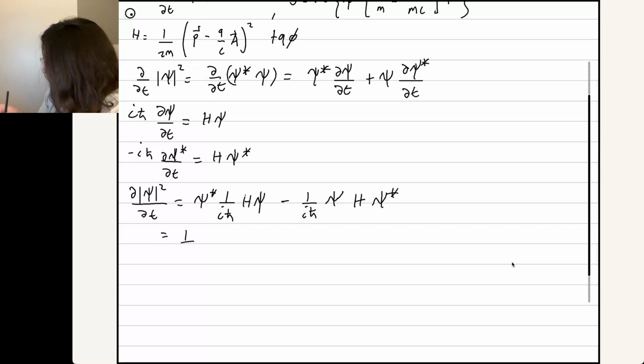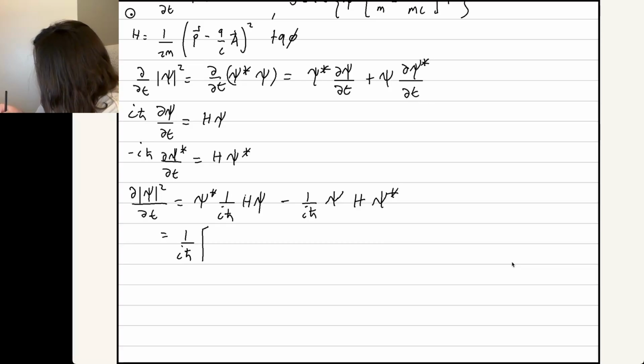So we can factor out an i h bar from this, and this is kind of what we're left with.